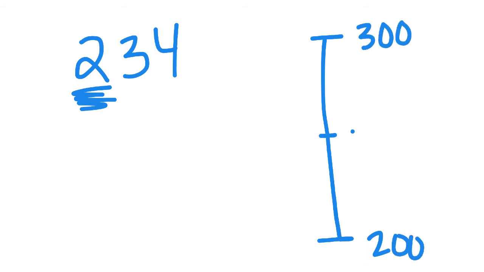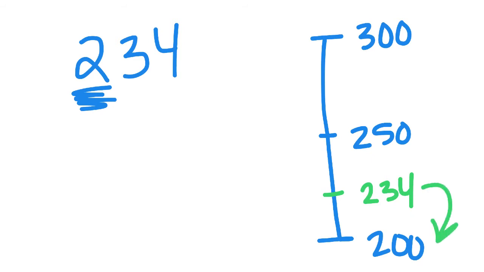And in the middle would be 250. Where would 234 go? 234 would be around right here, right? So we know that 234 would round down to 200.